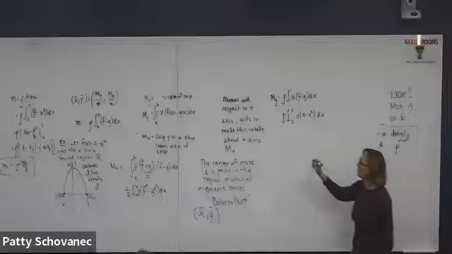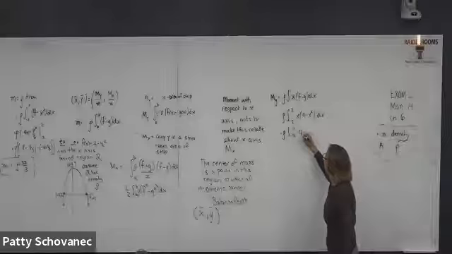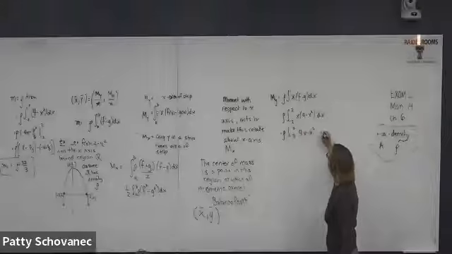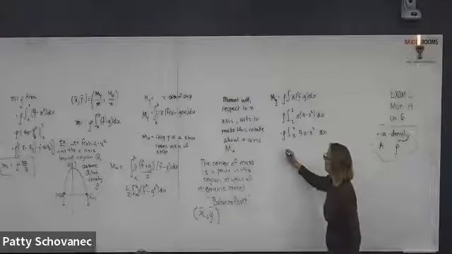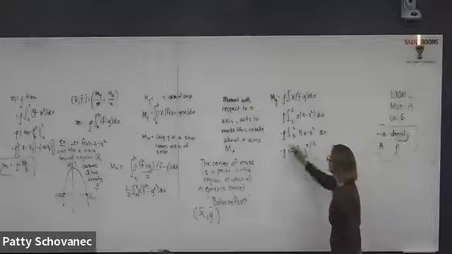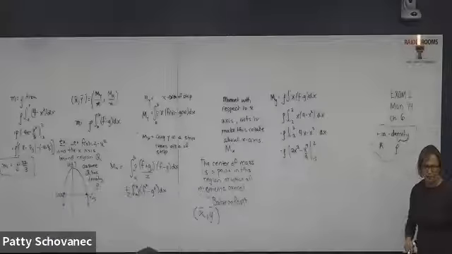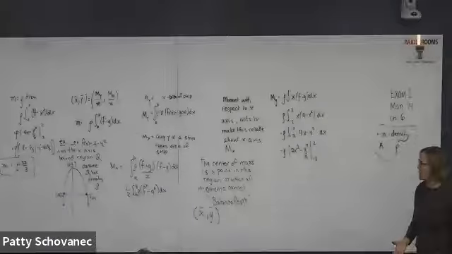Put the x through the parentheses. And I have 4x minus x cubed. And when I integrate that, I get x squared times 2 minus x to the 4th over 4 from -2 to 2. Both of those powers are even.